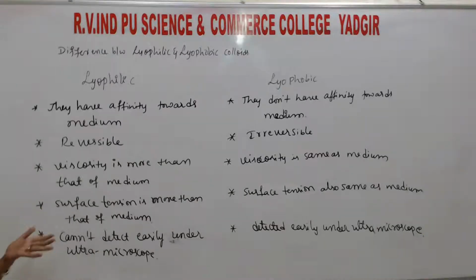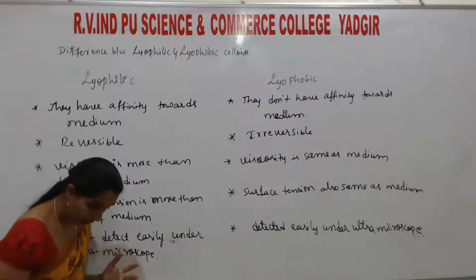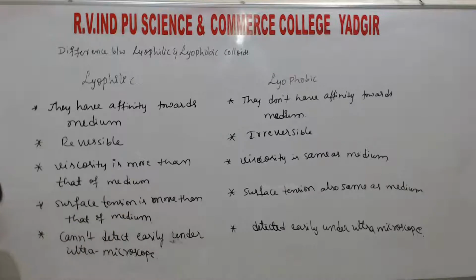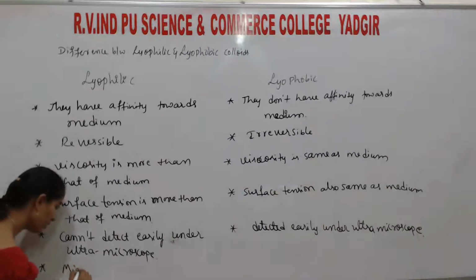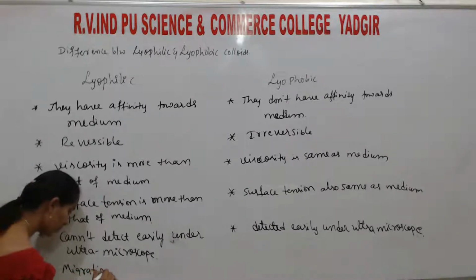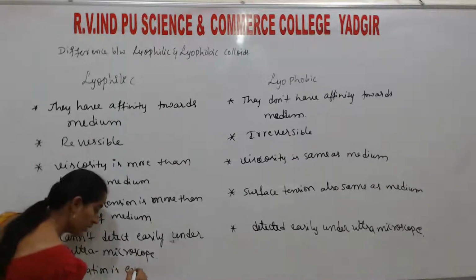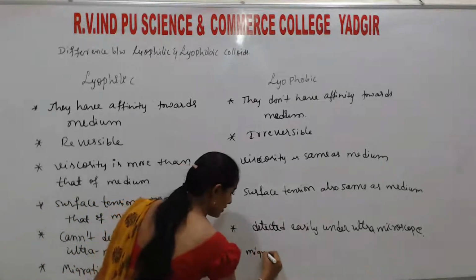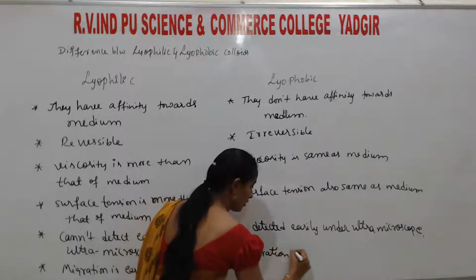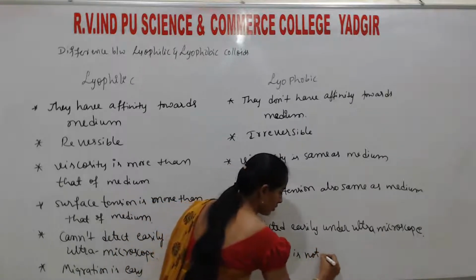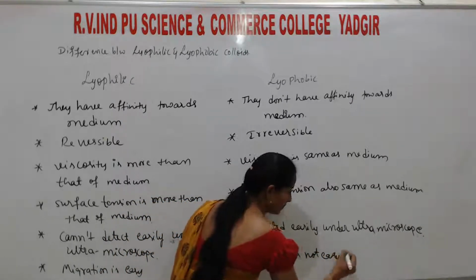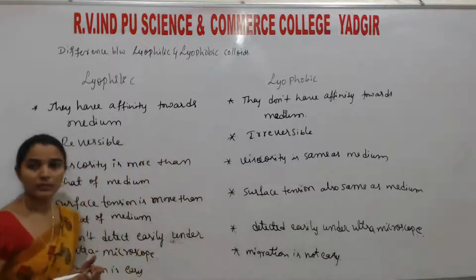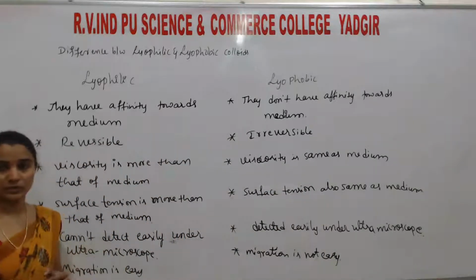Understand? So if you apply any electric current, students, here migration is easy. Migration is easy. Migration is not easy. Migration means movement.